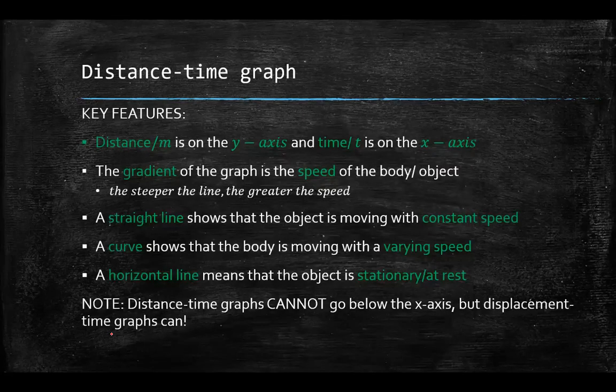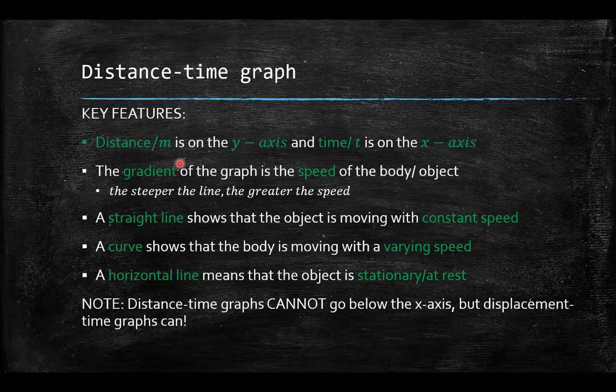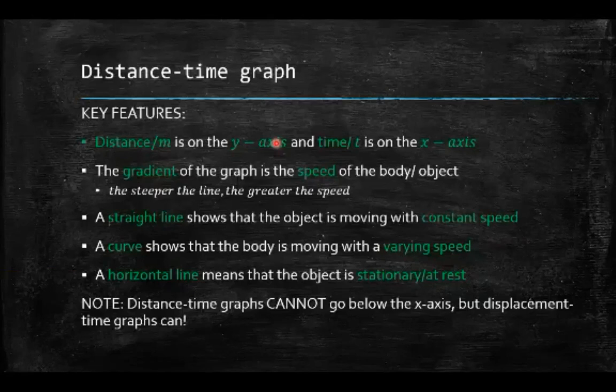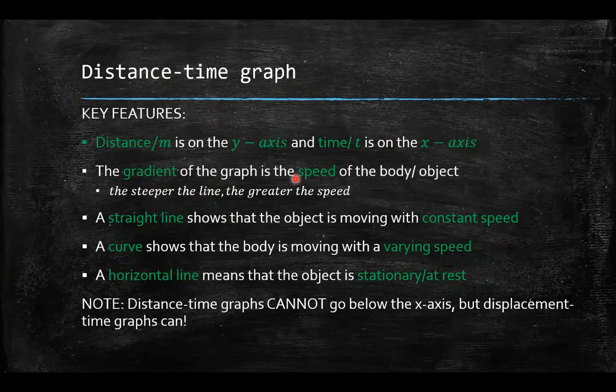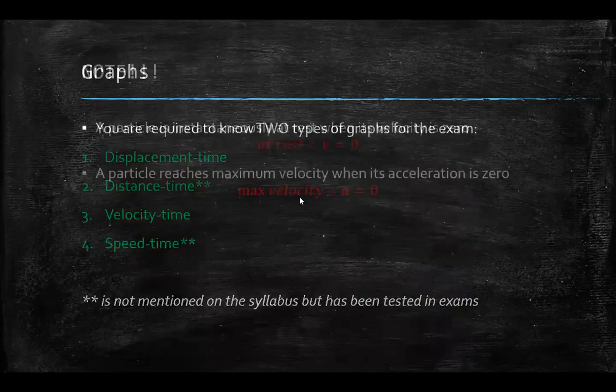Let me just do the distance time graph and then we'll end there because it's kind of similar. Key features: distance is on the y-axis. So instead of displacement being on the y-axis, now it's distance on the y-axis. Time is on the x-axis, because it's a distance time graph. The gradient in this case is speed, not velocity. Slight change, nothing major. Just instead of velocity, it's speed. Why? Let's go back to our definition.